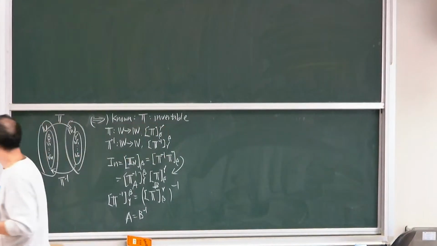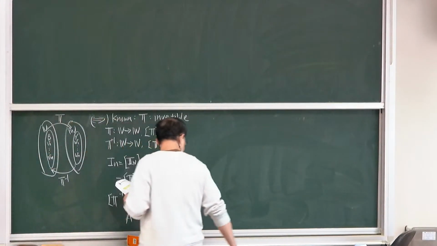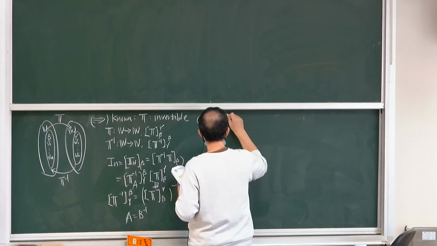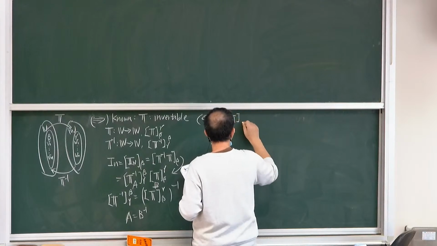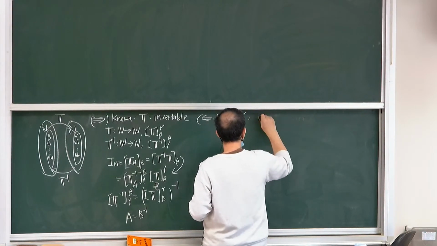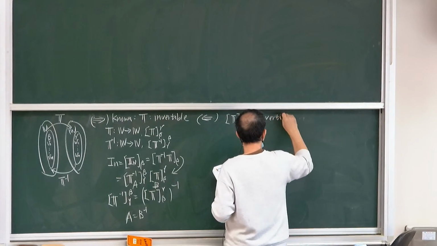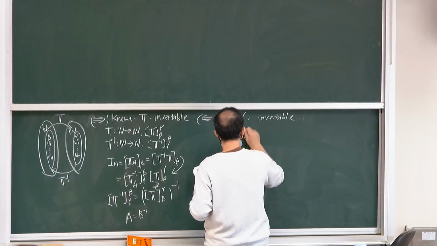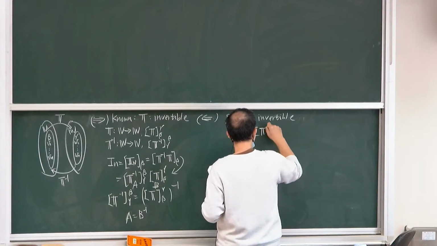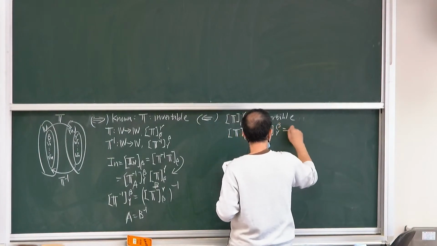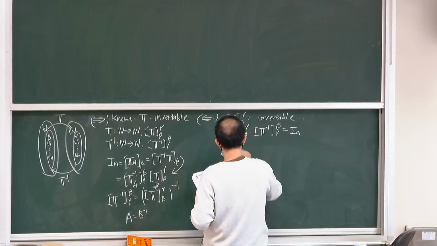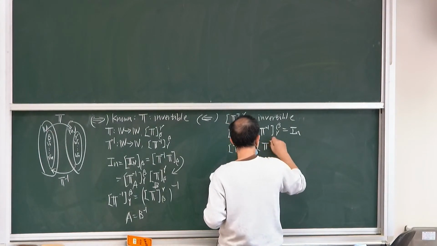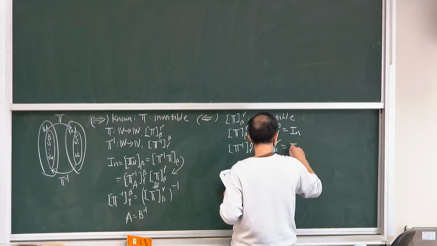Right now, what we are going to prove is that T from beta to gamma is invertible. So we have T from beta to gamma times the inverse matrix from gamma to beta equals I_n, and also T inverse from gamma to beta times T from beta to gamma equals I_n.